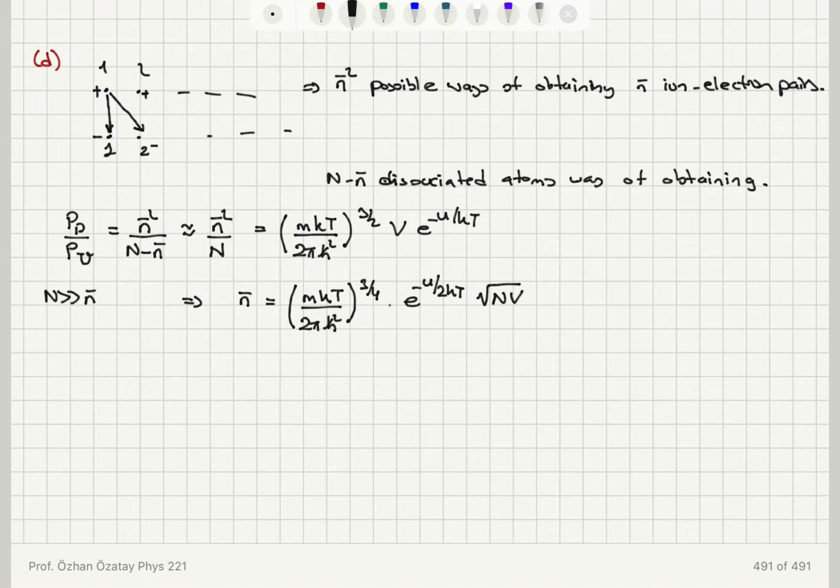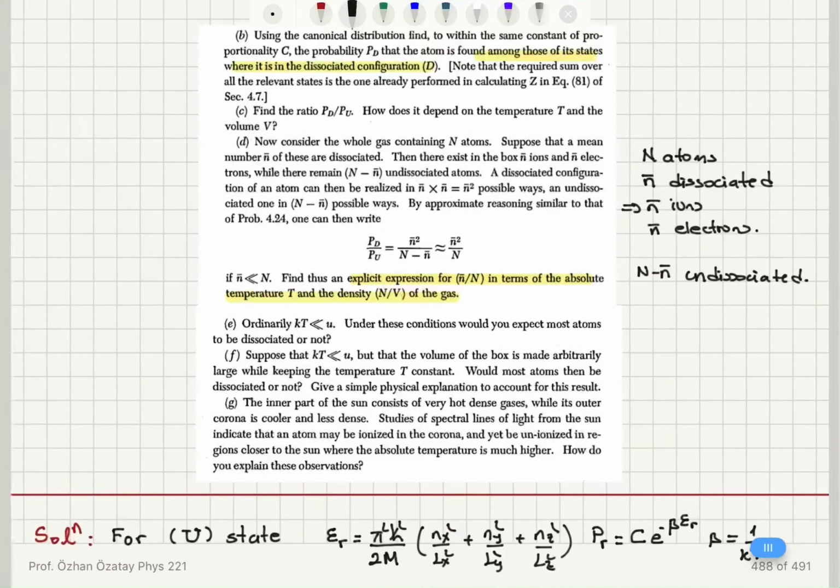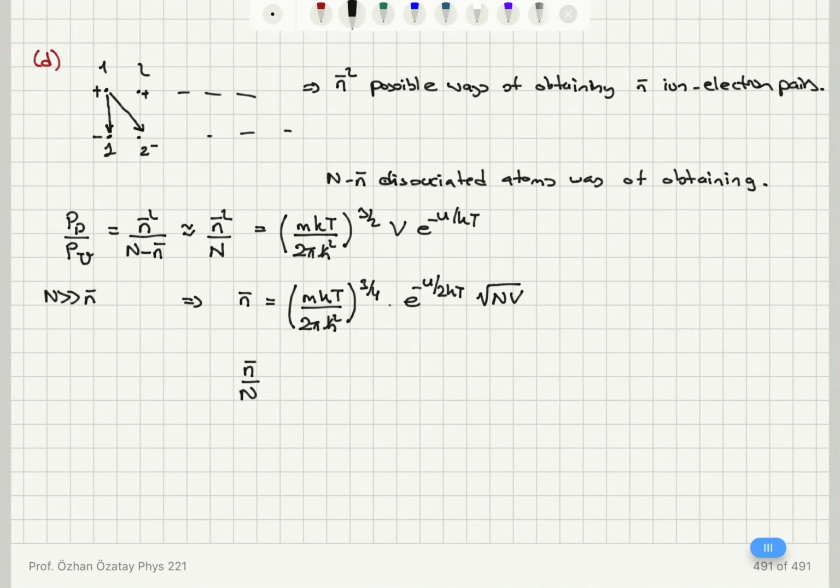So what is the ratio N bar over capital N? That's what we were supposed to calculate in terms of absolute temperature and number density. So that will give me mkT over 2 pi h bar squared to the power 3/4, e to the minus u over 2kT. Now I will have square root V over N here.